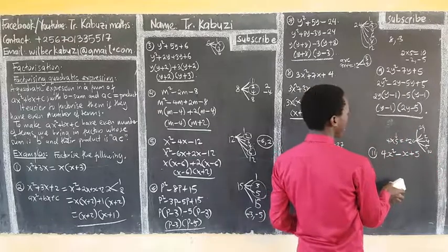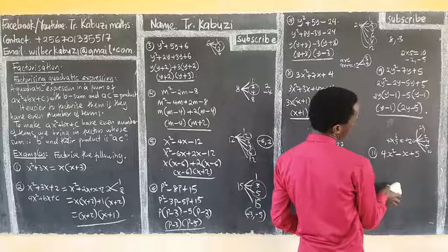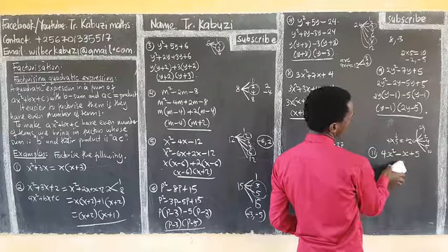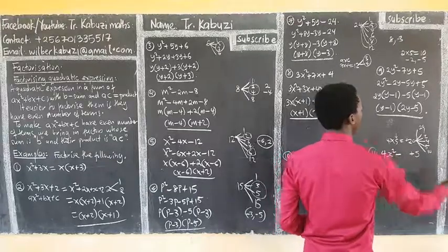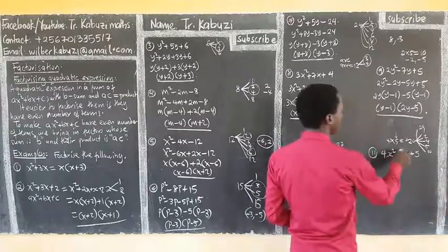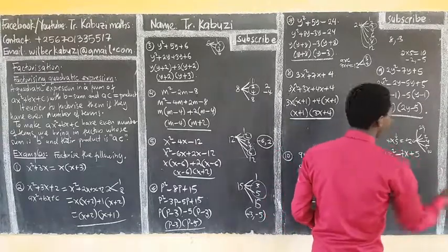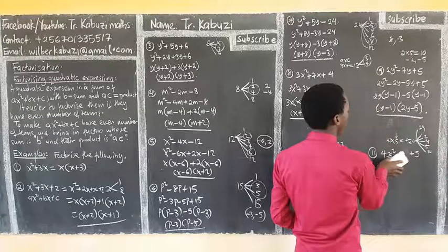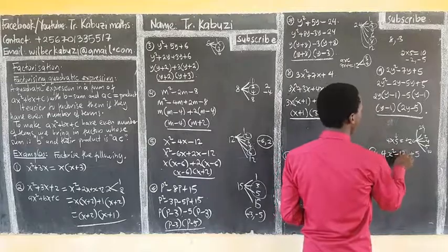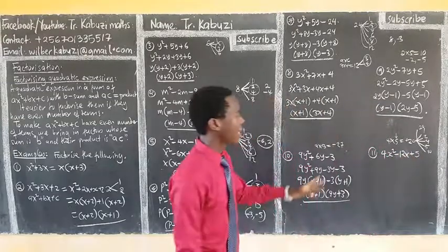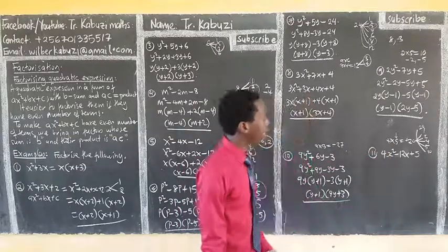Sorry, let me simplify. Let me make this expression B. Let me change this expression, and I make this minus 12x so that we can get when these are not the factors.